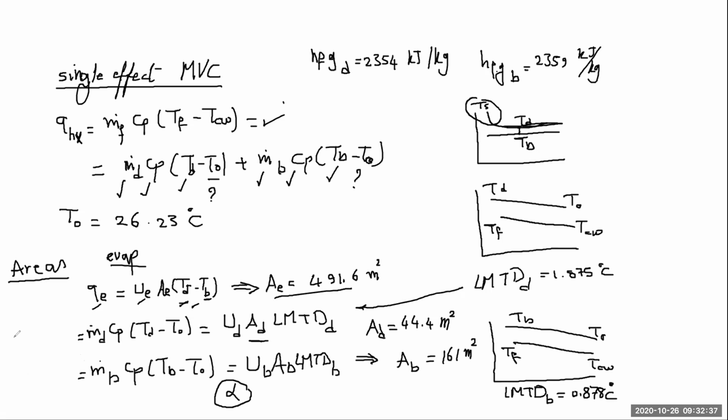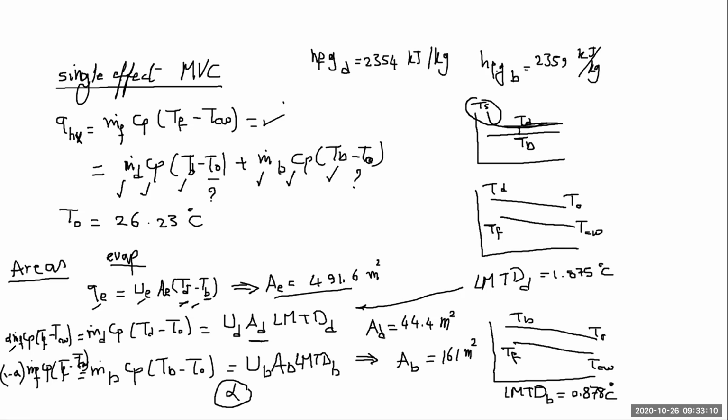For the distillate, it will be alpha m dot feed Cp T feed minus T cooling water, isn't it? Yes. And this is alpha, and this is going to be 1 minus alpha into the same thing, m dot feed Cp Tf minus T cooling water.